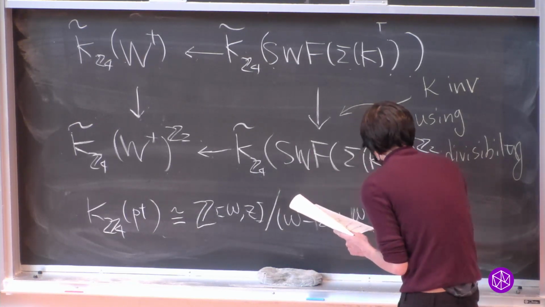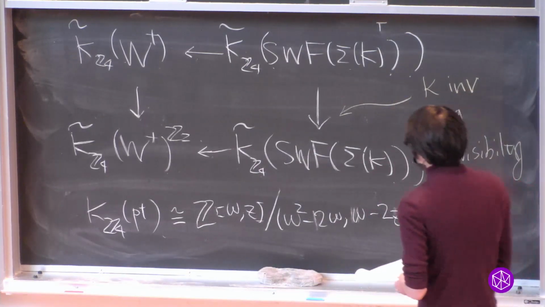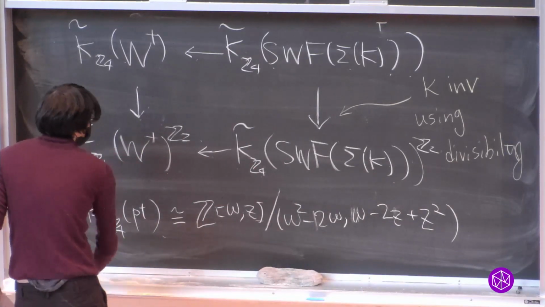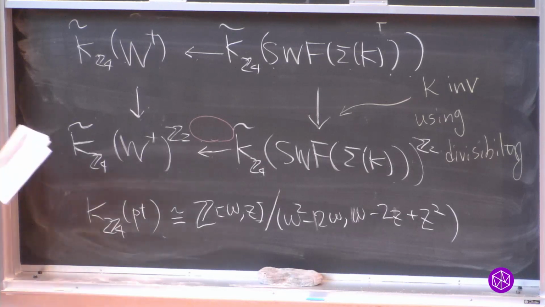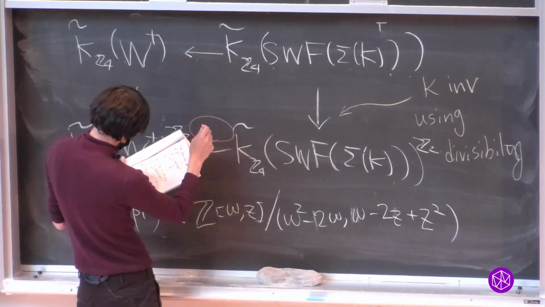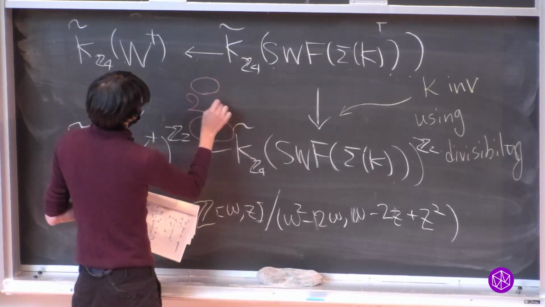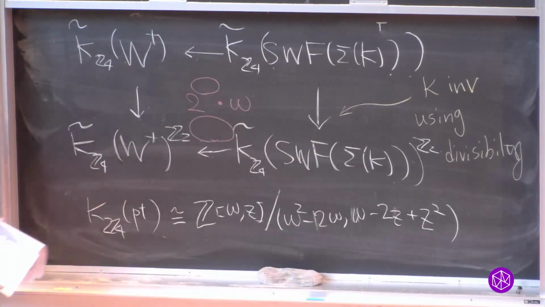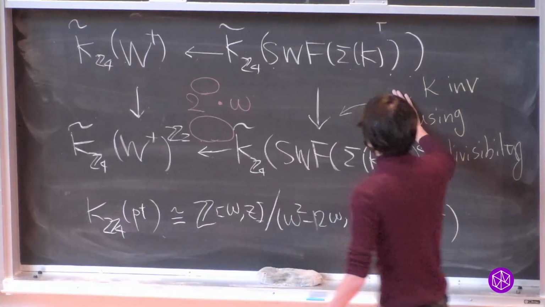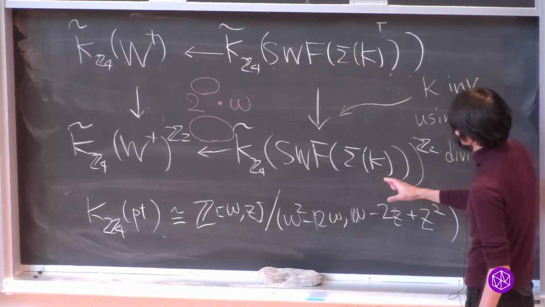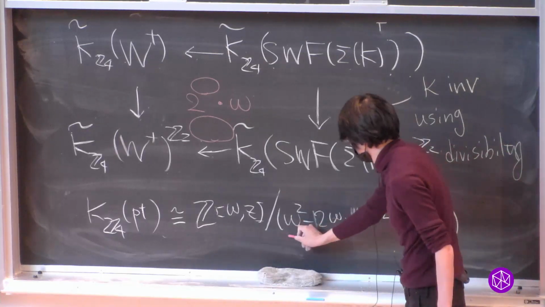And we can compute this map explicitly. This is like a power of 2 with omega, and we define the kappa invariant by considering the minimal divisibility of this omega, or 2 is equivalent.